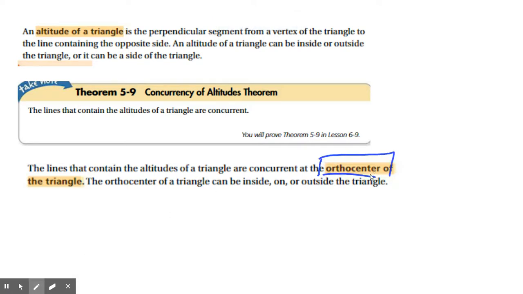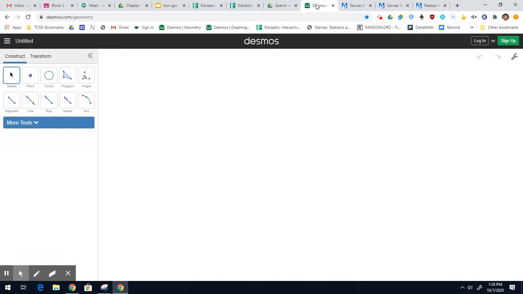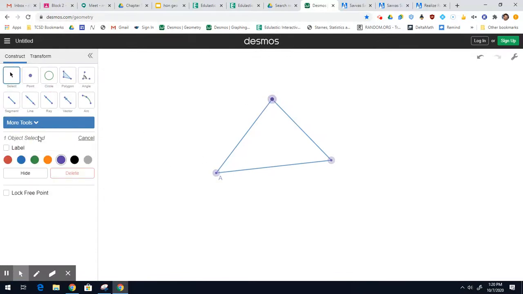So let's go ahead and construct the orthocenter. If we go back to Desmos geometry, let's create that triangle, just a generic triangle, ABC, nothing special. A, B, C. So now the orthocenter has to involve the perpendiculars. So let's do our perpendicular from A across the way.